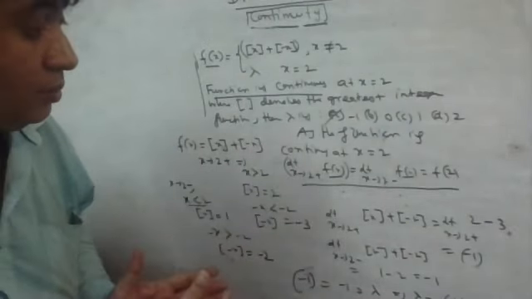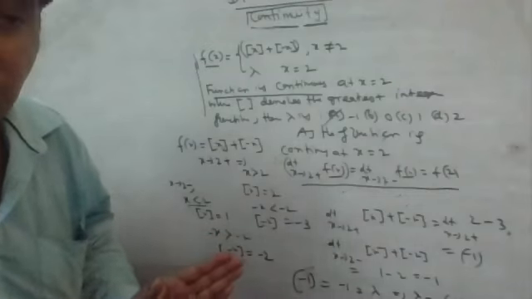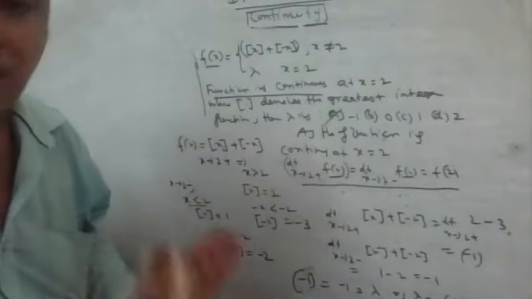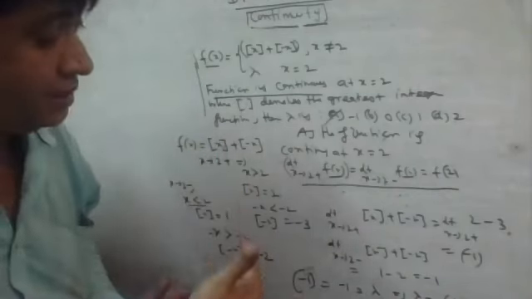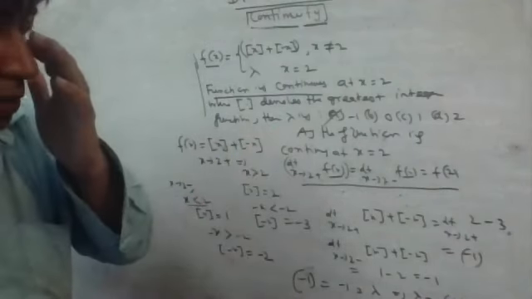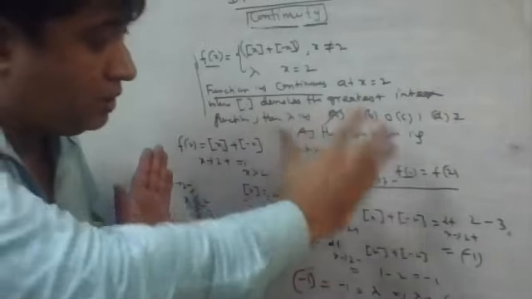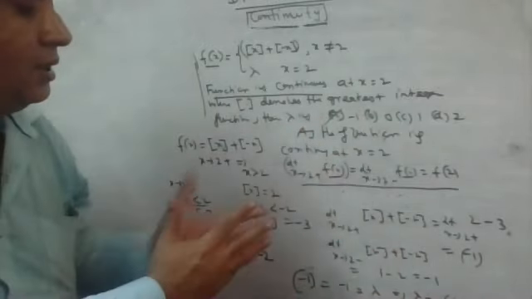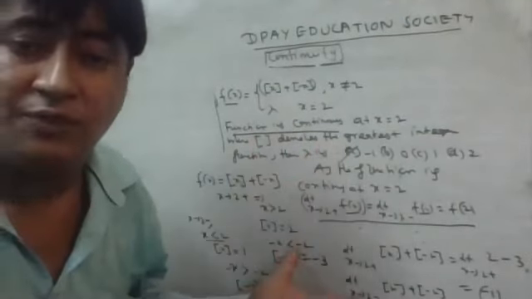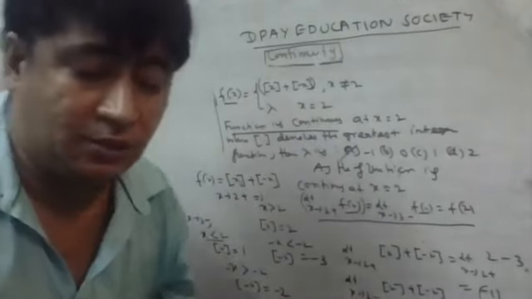It gives you how to make two functions equal, how to make a limit exist, and from that get a constant term lambda. So actually the continuity of the function is described in this sum. I hope you will benefit by practicing this type of sum in future.